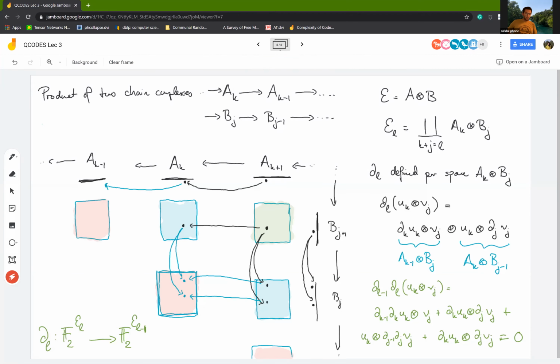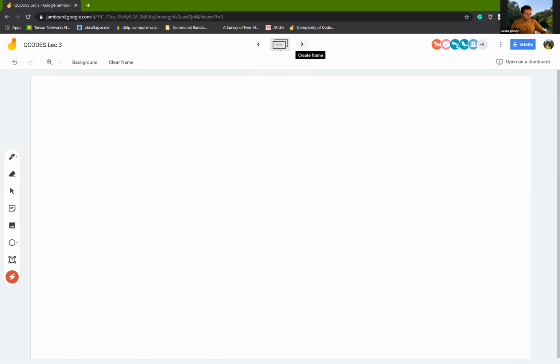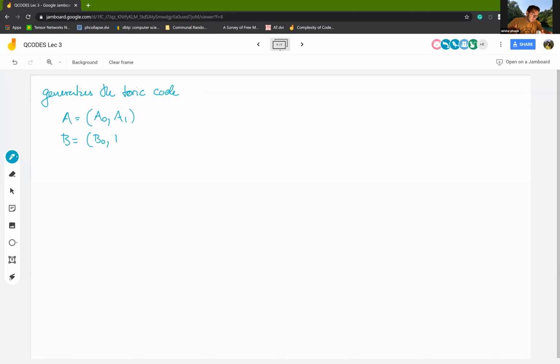Okay. So why did I do this? Well, I did this because, like every other time I've done anything today, this generalizes the toric code. So I can think of a toric code in the following structure. I think of the cell complex for toric code as just A0, A1, and I think of B as a cell complex B0, B1.